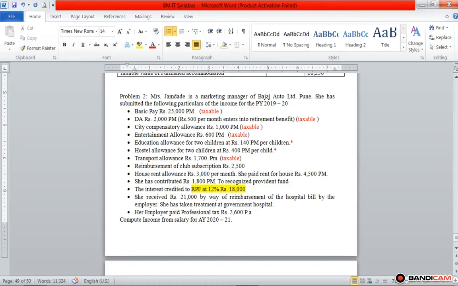In case of a normal person, transport allowance is fully taxable.